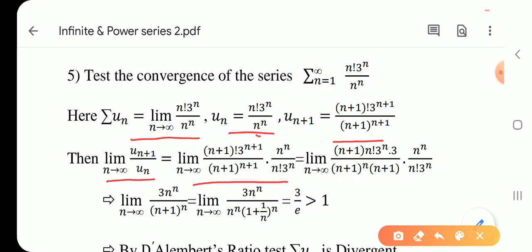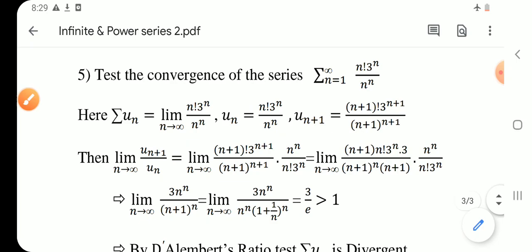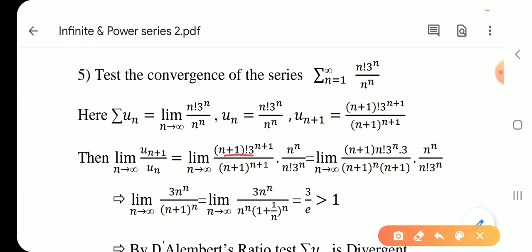So take the reciprocal of this, that is n to the power n by n factorial into 3 to the power n. To simplify, n plus 1 factorial I have split and written as n plus 1 into n factorial. 3 to the power n plus 1 I have written as 3 to the power n into 3. Here base also I have split as n plus 1 to the power n into n plus 1.